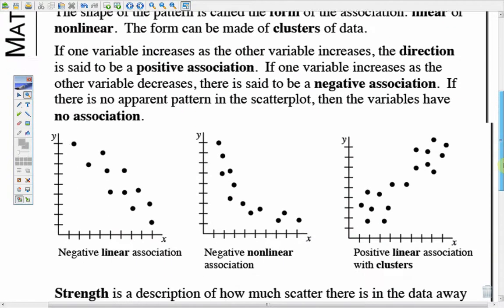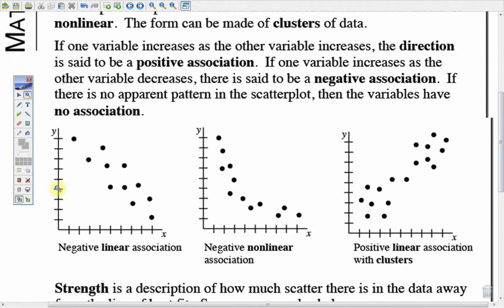So let's take a look at some examples here. Here we have a negative linear correlation. That is, we can come in here and draw a line. The line would have a negative slope, so there's a negative linear association. Over here we have a positive linear association with clusters, so we can fit a line through there.